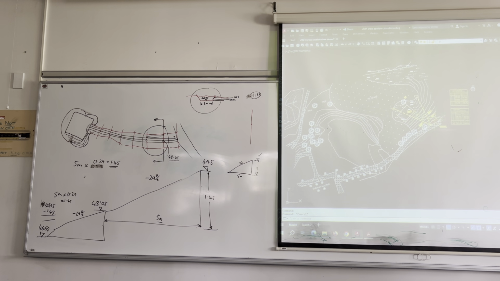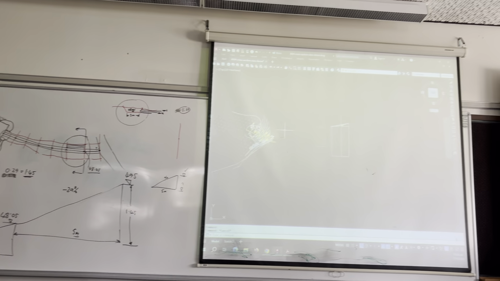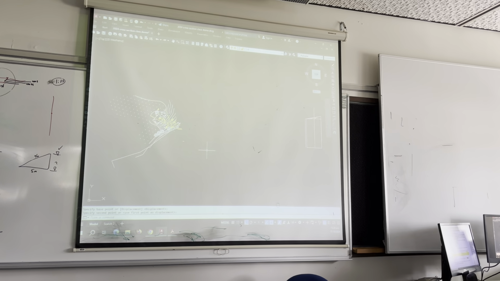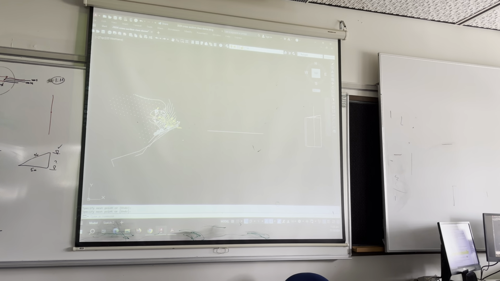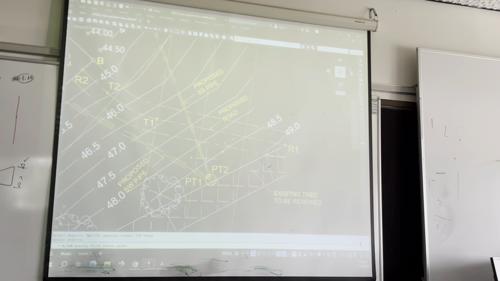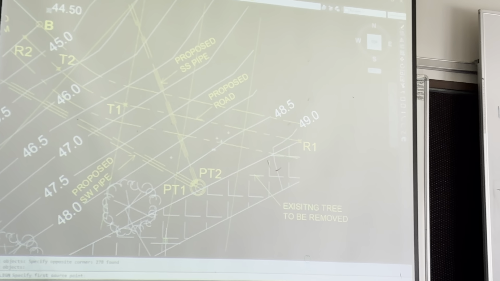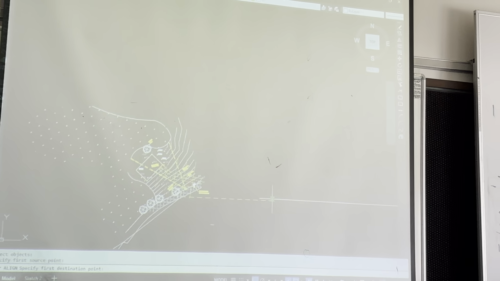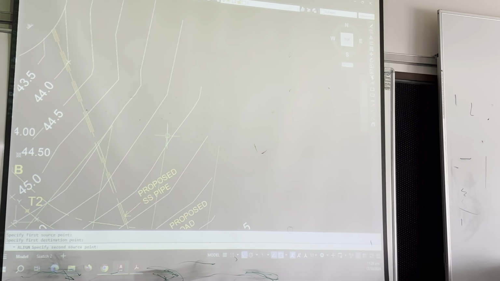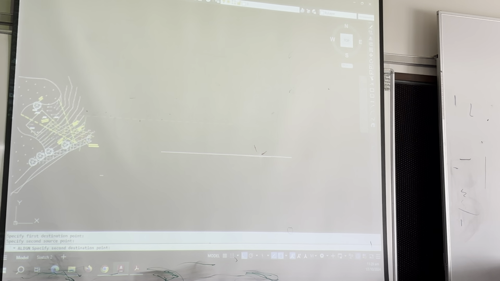We go across to our other cross section, the next one. We draw a line. We grab that. This time, it's from that point to there, and from that point to there.